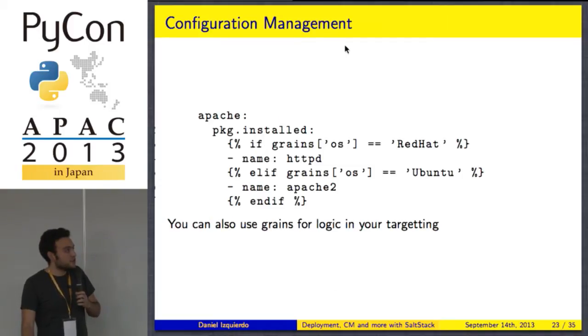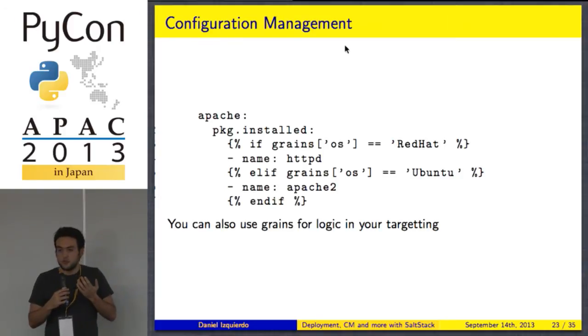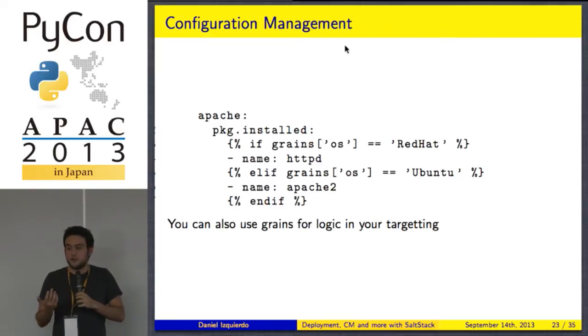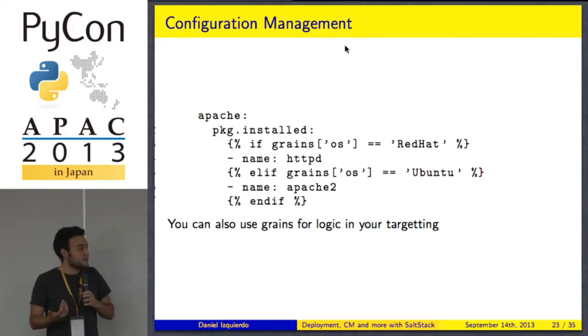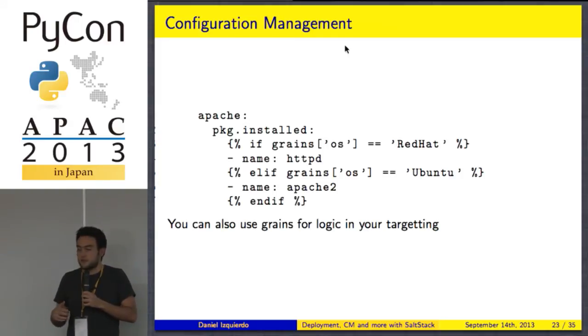And then you can use an interface that Salt provides called grains to also build your configuration files. For example, in this YAML file, I'm defining that I want Apache to be installed in my servers, right? And then the problem is, depending on the OS, the package for Apache is named differently, right?